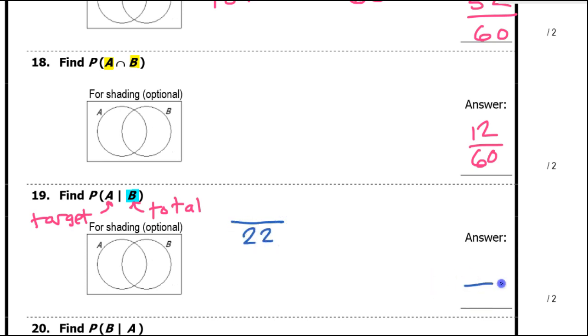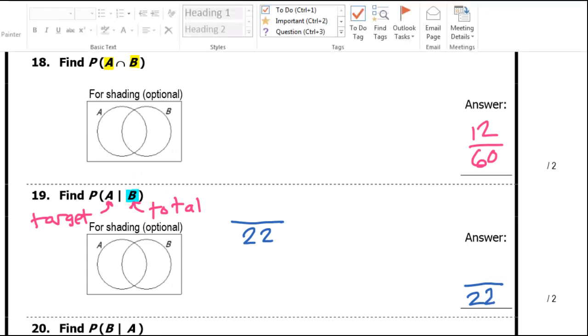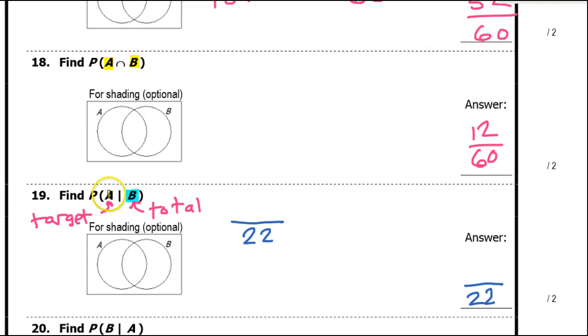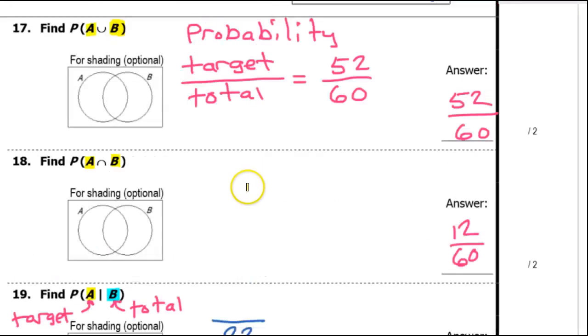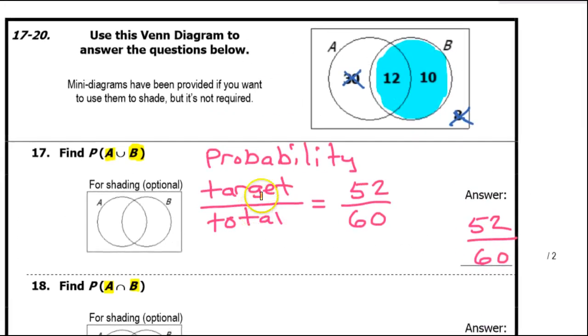I might as well put it here. It'll be something over 22. Now let's move on to that target, which is A. So look back at the diagram. I had two numbers in A, right, because this is circle A, but remember I crossed out one of them because we have to stick to the new total. So ignore the 30, it's gone.